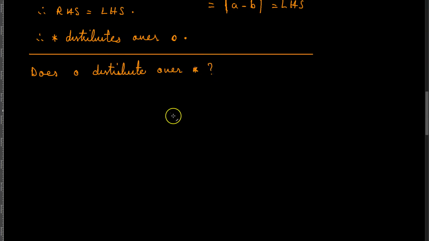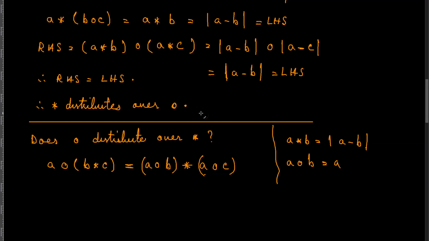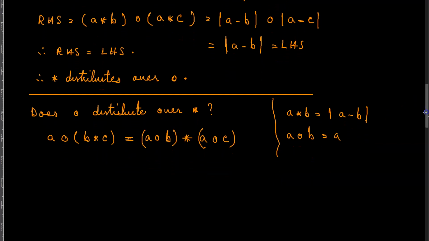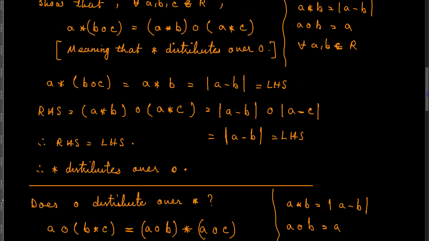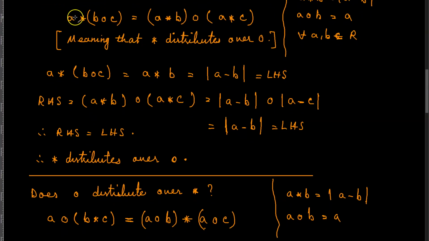Okay, so to check whether O distributes over star, I have written the same thing. Over here we have a star (b o c), and instead I've written a o (b star c), and if that is the case, then that would be (a o b) star (a o c), right?